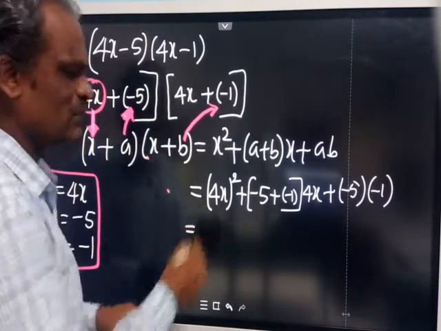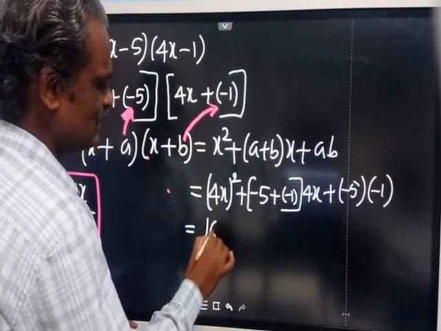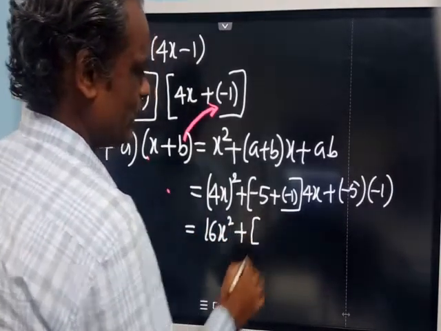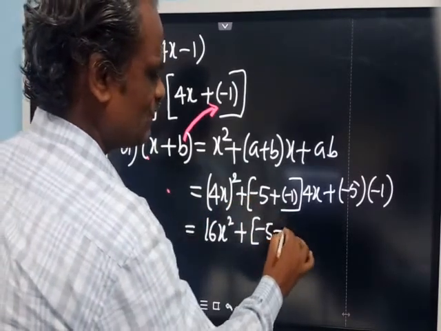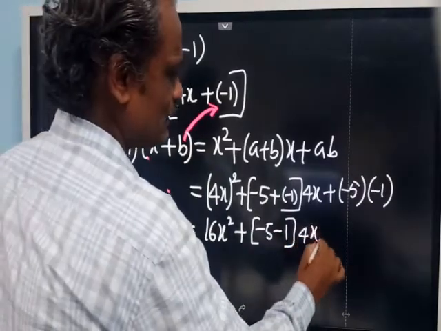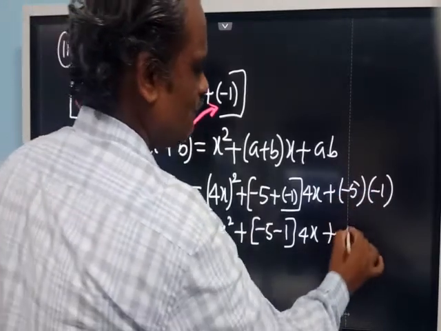Simplify this one. 4x whole square means 4x into 4x. It is 16x square. So let us write this plus inside the bracket, it is minus 5 minus 1 into 4x. Plus, minus into minus plus, 5 ones are 5.